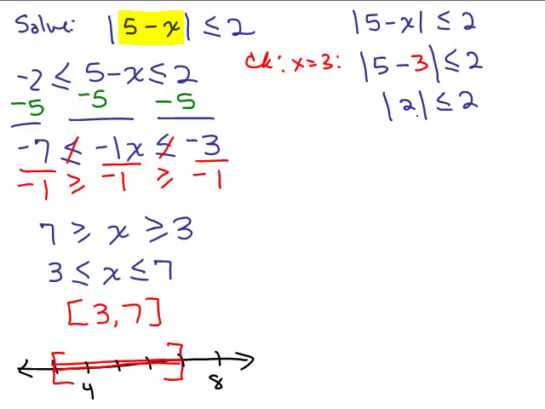Right? Absolute value of 2 is 2. And so we want to know if this is true. Well, remember, what does this mean? When I write 2 is less than or equal to 2, that's a shortcut way of saying 2 is either less than 2 or 2 is equal to 2. As long as one of these is true, and that's certainly true, then yes, I've got a correct solution.